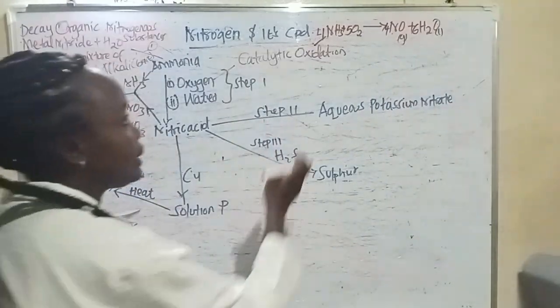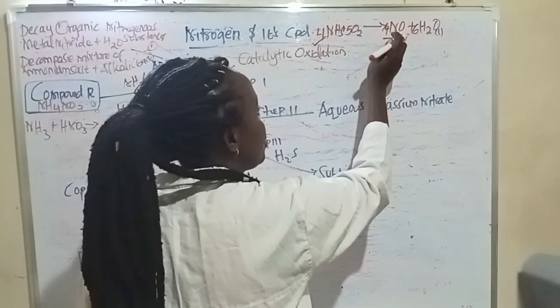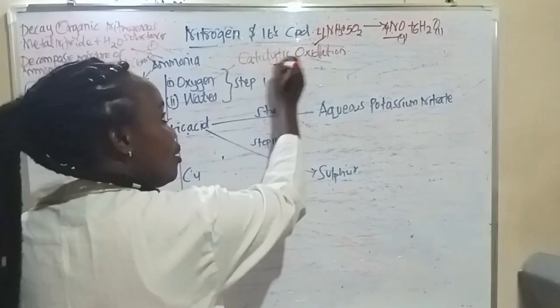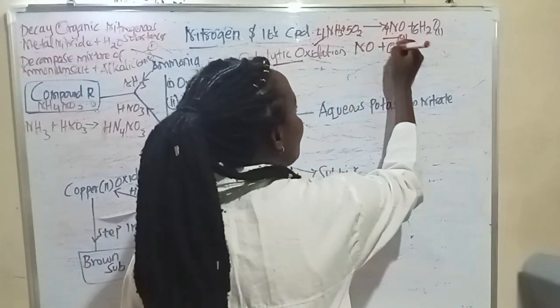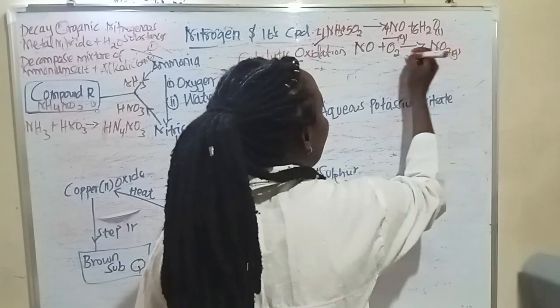So this is catalytic oxidation. Now another thing that happens is that the nitrogen(II) oxide formed further gets oxidized. It is catalytic oxidation. So your nitrogen(II) oxide is going to be further oxidized to form nitrogen(IV) oxide.